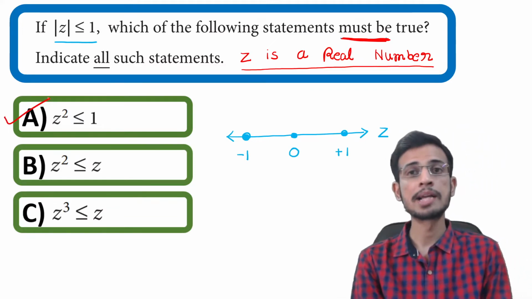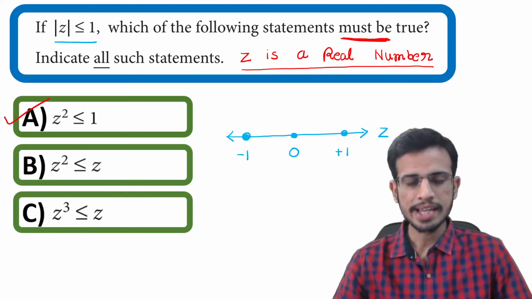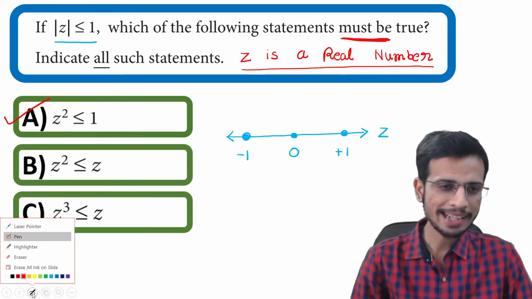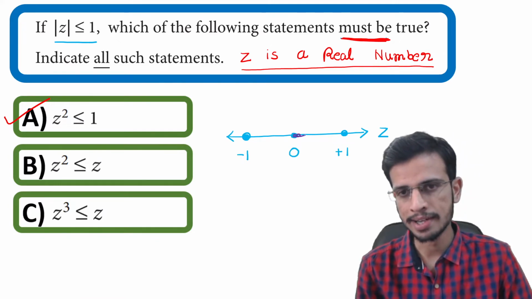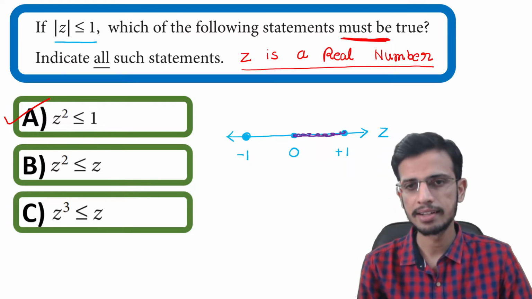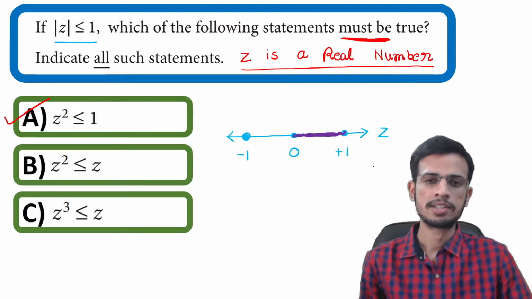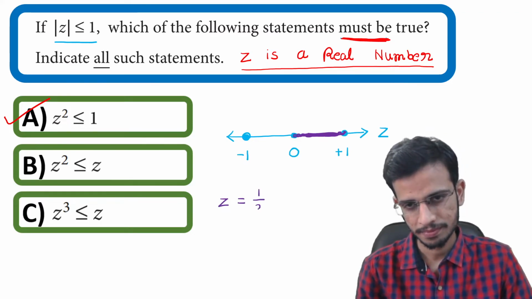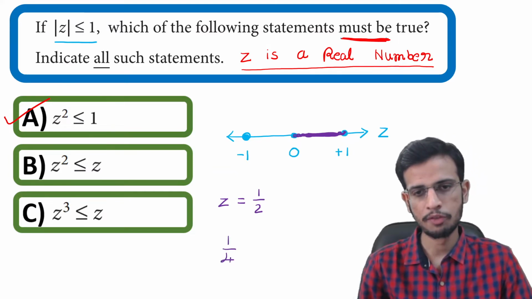But this is a multiple choice, multiple selection type of question. Alright. Option B is tricky. Option B is saying z square is less than or equal to z. So I am dividing this number line into two parts. If you are taking z in this particular region, suppose z equal to 1 by 2, then z square will become 1 by 4, and 1 by 4 is less than 1 by 2.